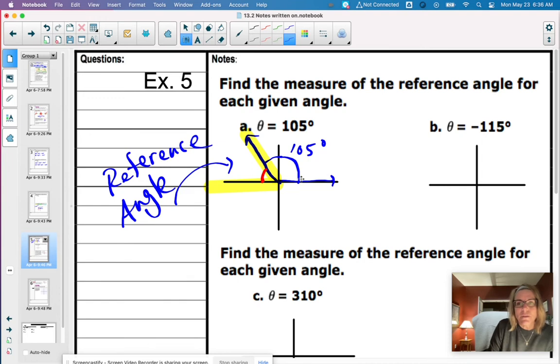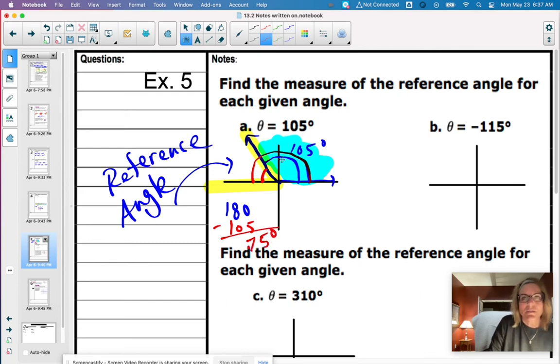And how do I find that? Well, I know that from here all the way to here is 180. And if I take this whole distance, from here all the way to here, which is 180, and I subtract off this stuff up there, which is 105, I'm going to get this part right here, which is 75 degrees.